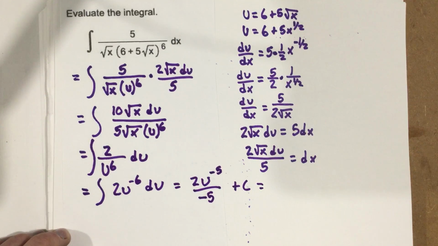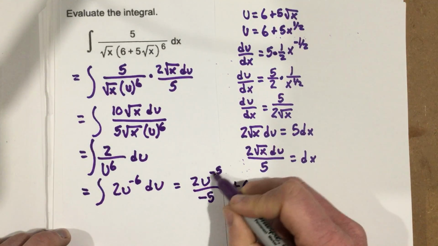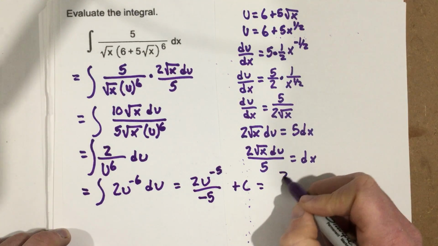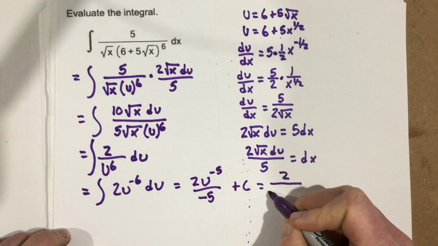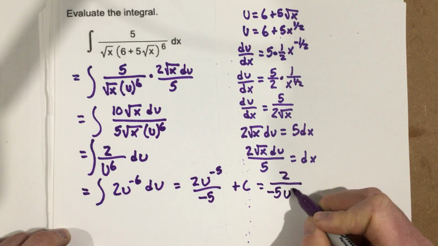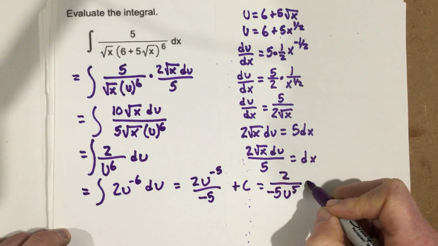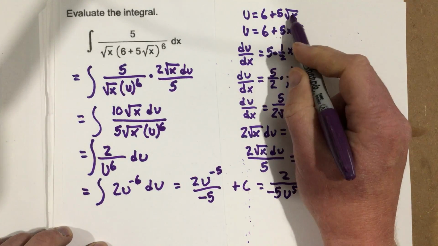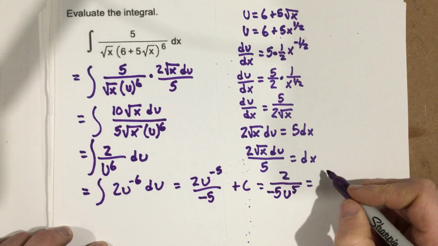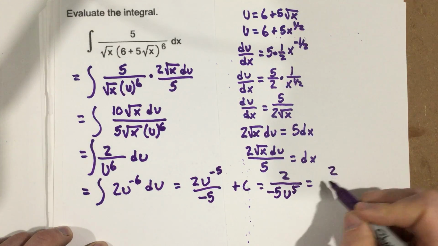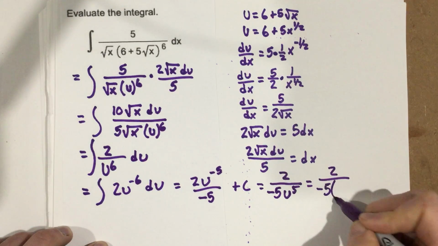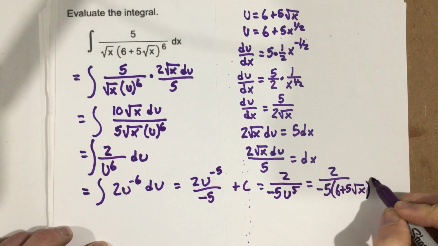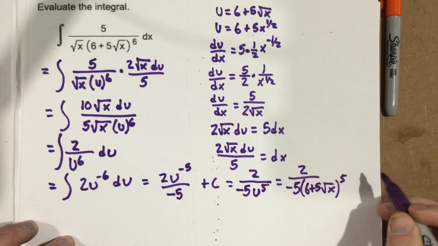When I go to plug these back in, first off, I'm going to say that this u, the negative 5, goes to the bottom, so I can write this as 2 over negative 5 u to the 5th, which then I can go ahead and bring the u back in, which is 6 plus 5 root x, and I can say that this is 2 over negative 5 times 6 plus 5 root x to the 5th power plus c.